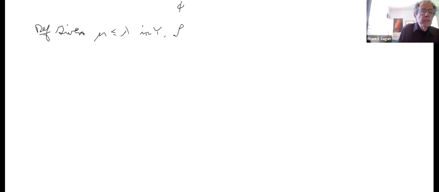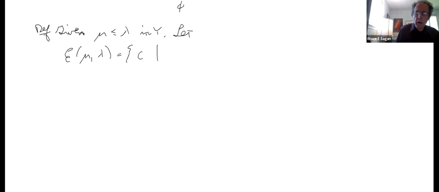So here's the crucial thing that will connect the two. Suppose you're given two partitions, one less than or equal to the other in Young's lattice. I'm going to look at a set which I'm going to call C mu lambda, and this is going to be all the saturated chains from mu to lambda. So C is going to be a chain of the form.